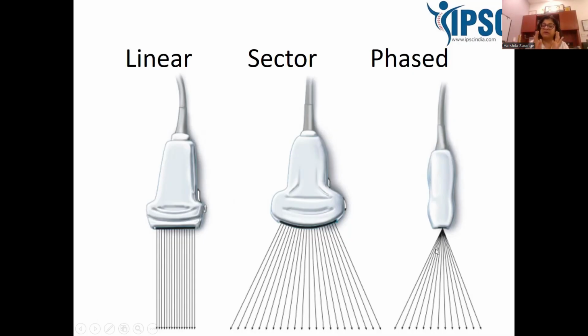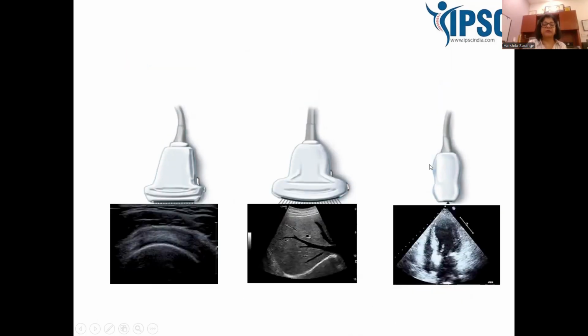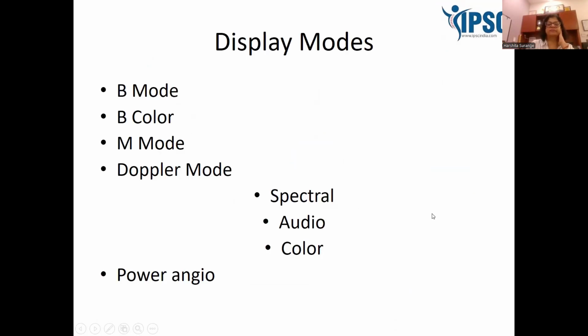The idea of this is for imaging very fast moving structures like the heart, with a small footprint. So here you can see the type of image created: a high frequency probe creates a rectangular image, a convex probe creates a sector image, and a phased array probe again produces a pie shaped image.